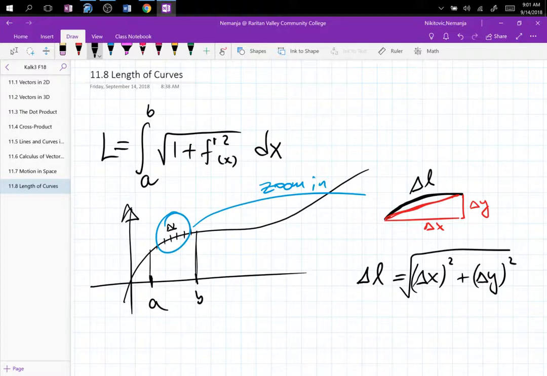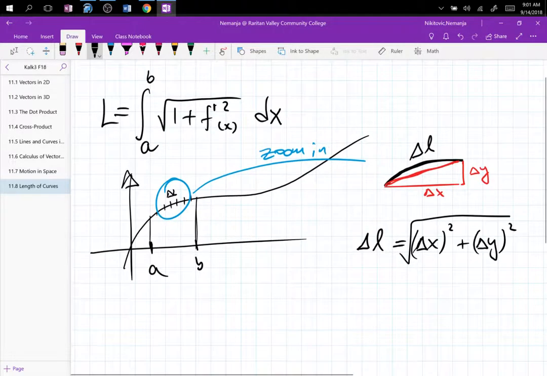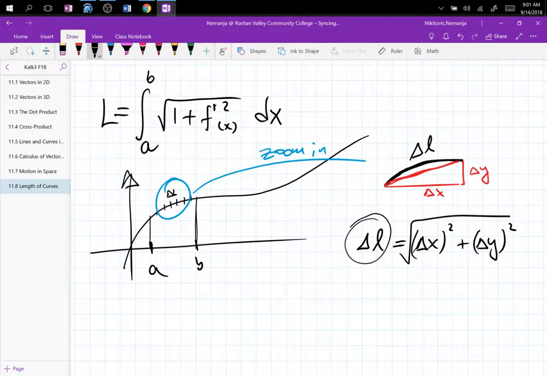So that's delta L. So now we have the formula, and we know that this formula is for one small piece.